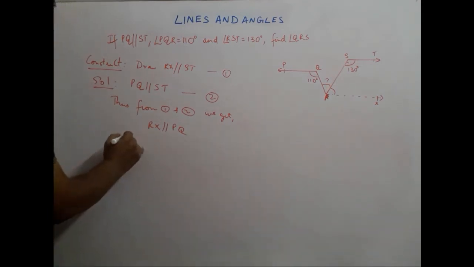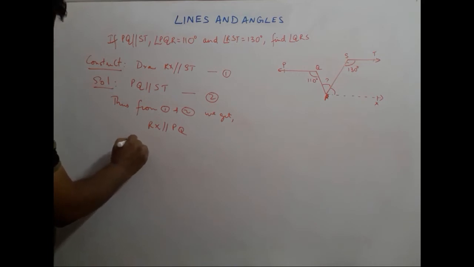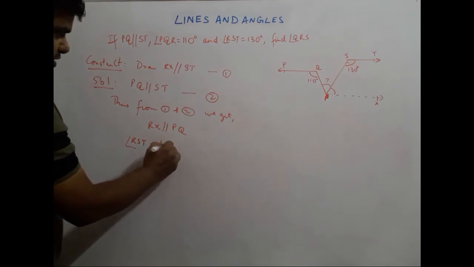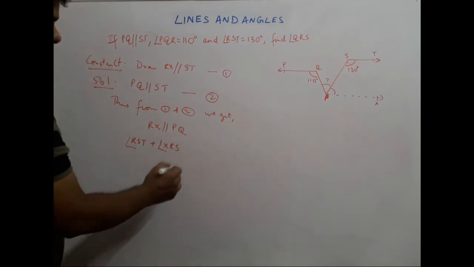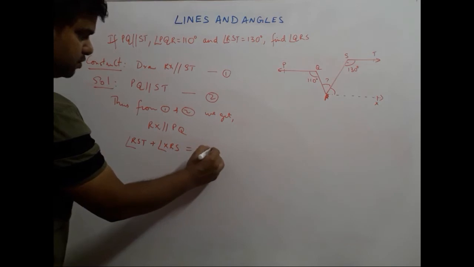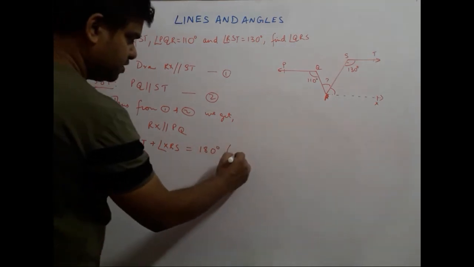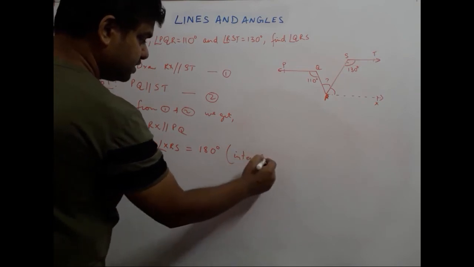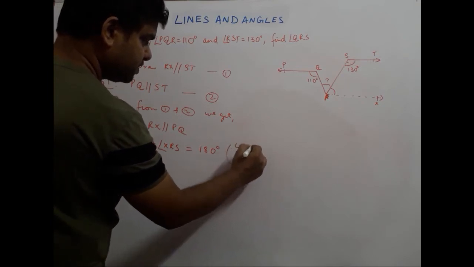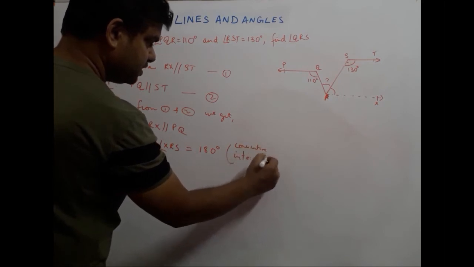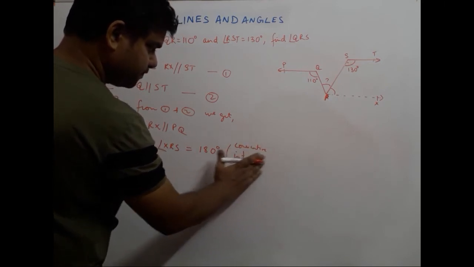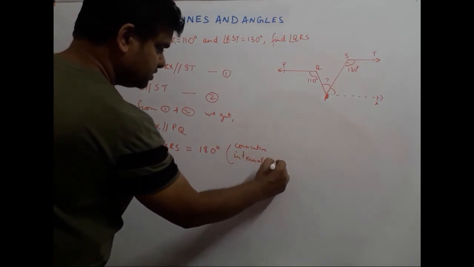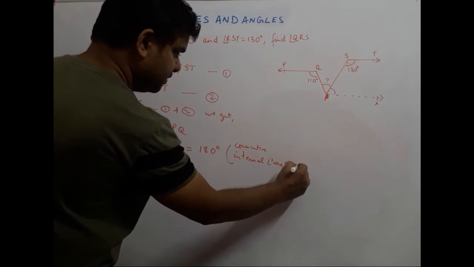So we can say angle RST plus angle XRS is equal to 180 degrees. Why? Because consecutive internal angles are supplementary.